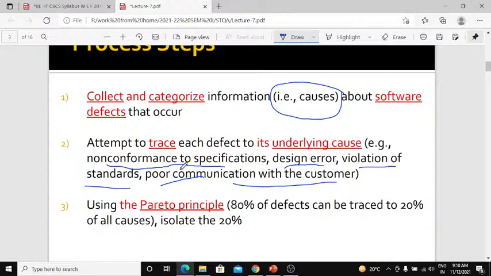The errors and defects that occur in software are due to various reasons: non-conformance to the specification, a design error in the software, violation of the standards, or poor communication with the customer. There are so many reasons. Okay, so attempt to trace a defect using the Pareto principle.